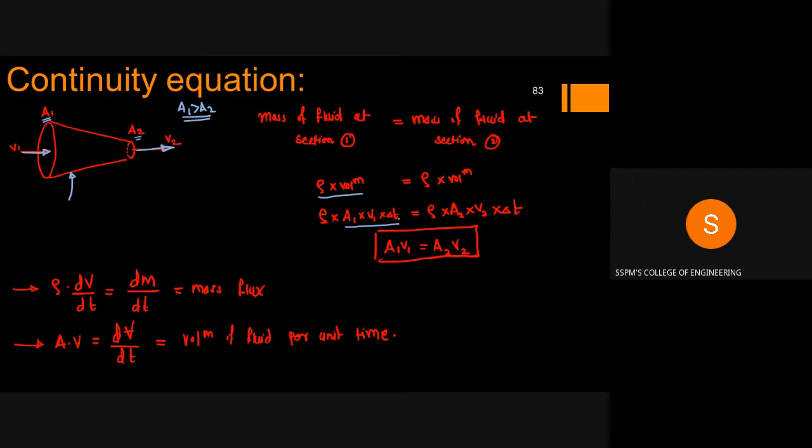This is equal to rho A2 V2 into delta t. The time instant is the same, the density is the same, so we get A1 V1 equal to A2 V2. This is called the continuity equation. By using it, if you know the initial velocity and the cross sections A1 and A2, we can find the velocity V2.